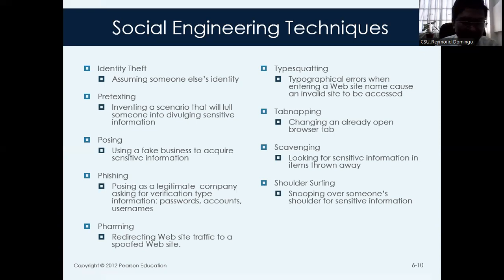Going back, phishing: posing as a legitimate company asking for verification type information, password, accounts, and usernames. The fifth one, pharming. If we say pharming, it is redirecting website traffic to a spoof website. From a true one, when you press or click it, we get redirected somewhere else.